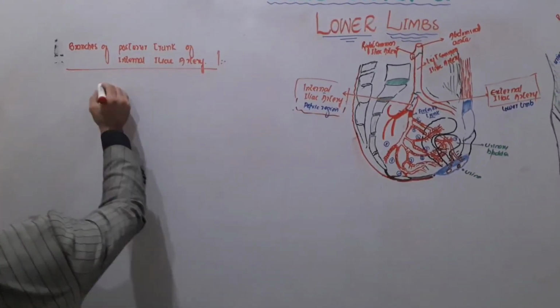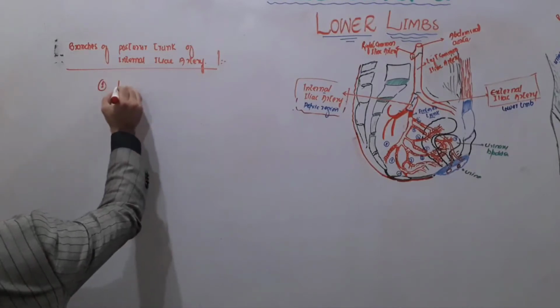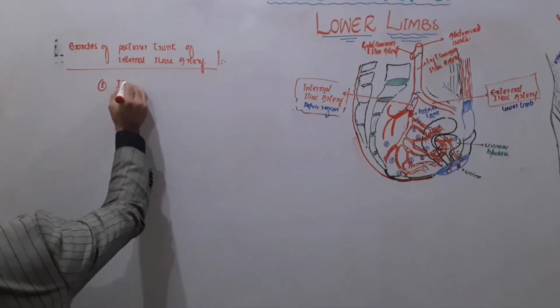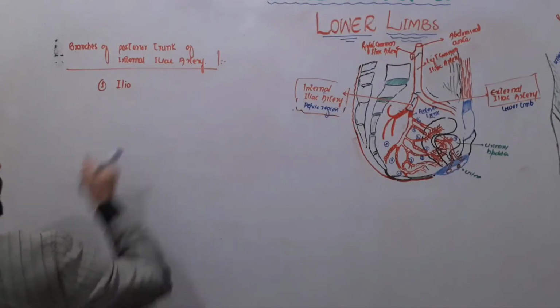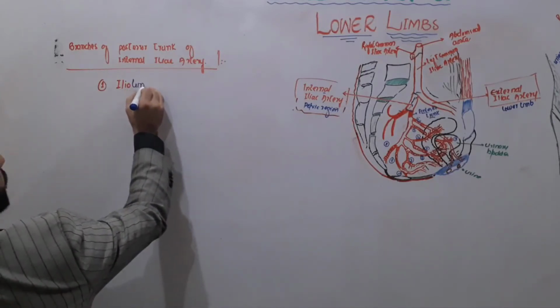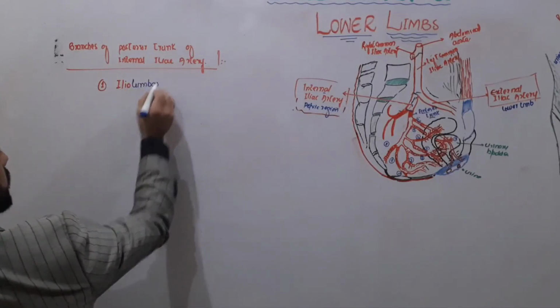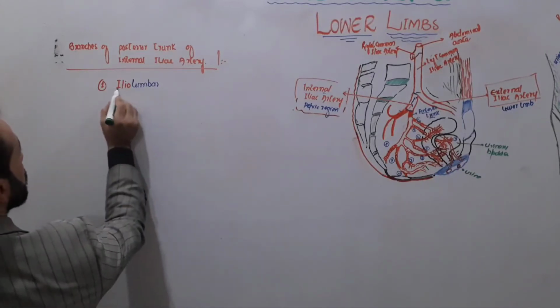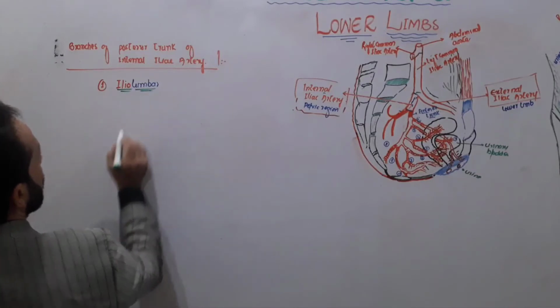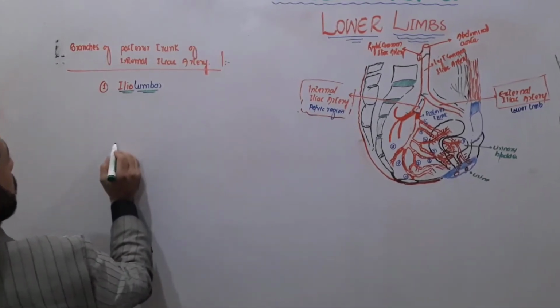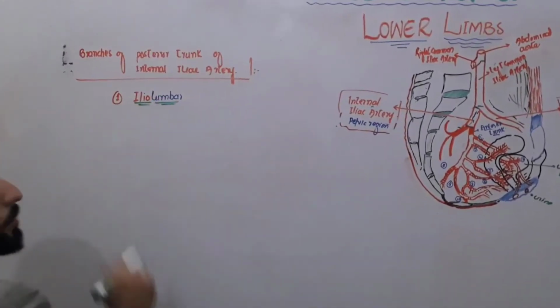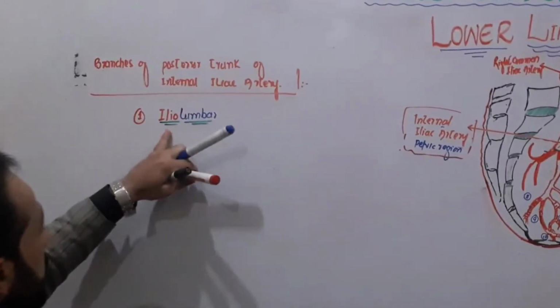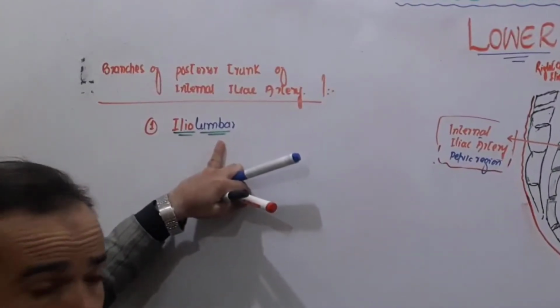So the first branch is the iliolumbar branch. I'm writing it with different colors because it has an importance, right? So it means that this iliolumbar branch will divide into 2 branches, the iliac branch and the lumbar branch, right?